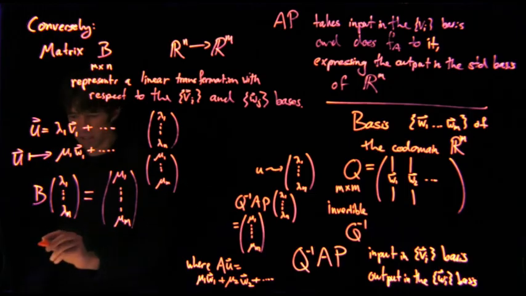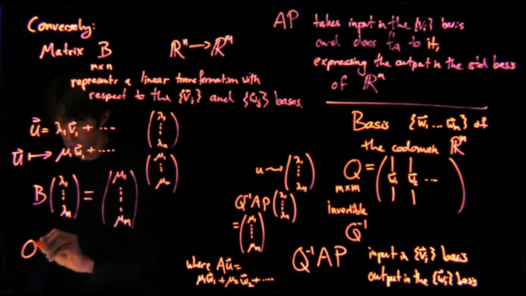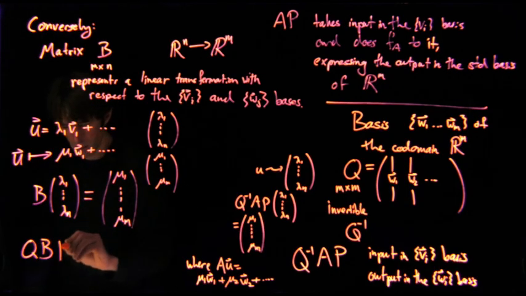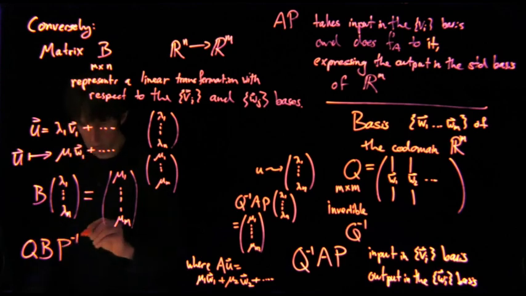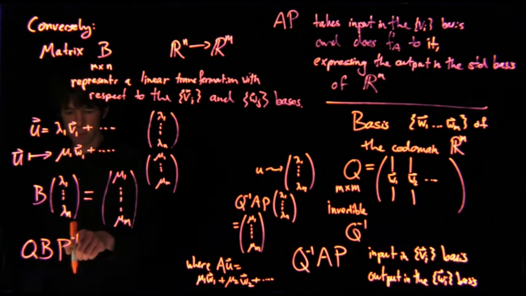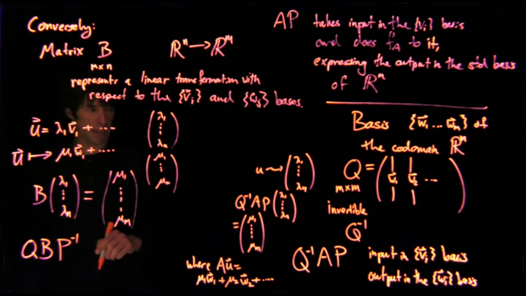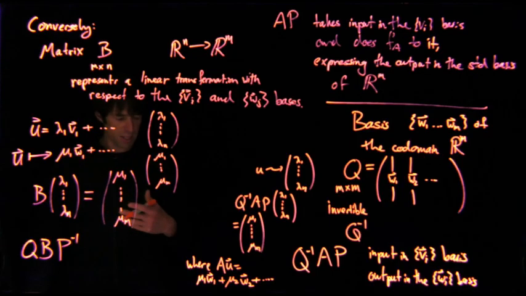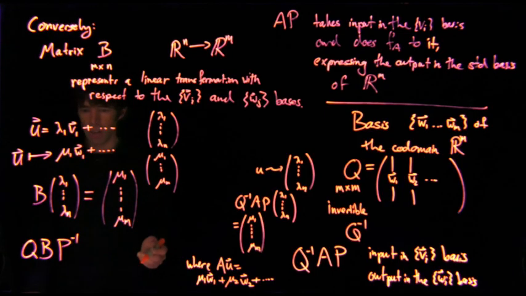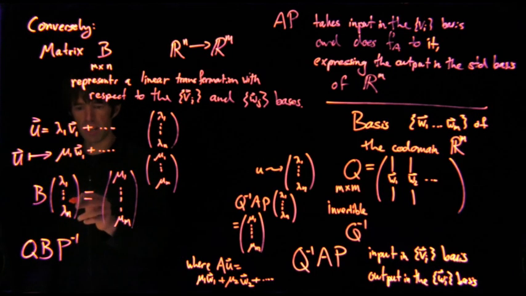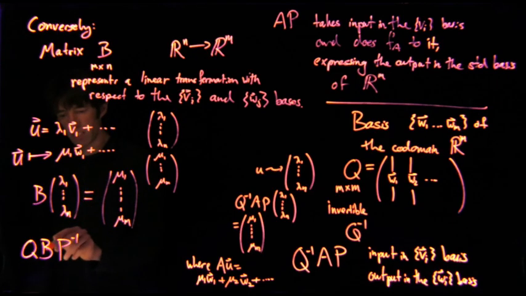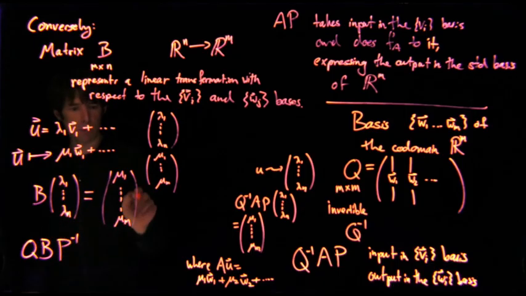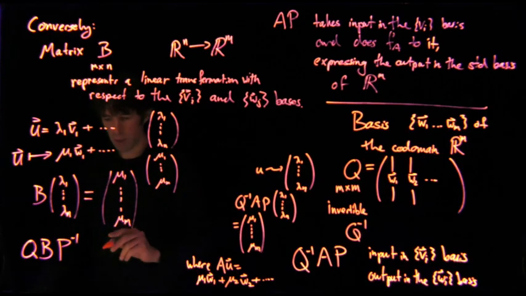Now I can do the reverse. I can take Q, B, and P inverse. The P inverse will take a representation of a vector in the standard basis, convert it to a representation in the v basis, do B to that, and then Q converts the output, which is a representation in the w basis, back to a representation in the standard basis.